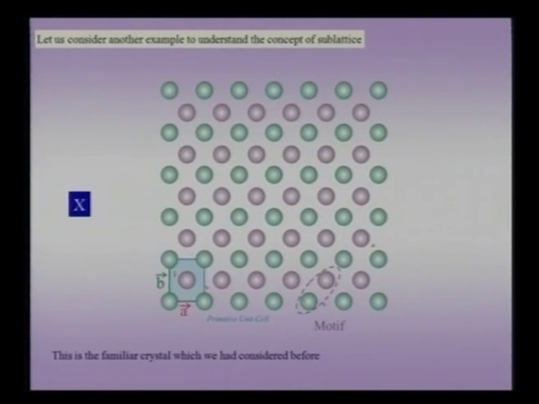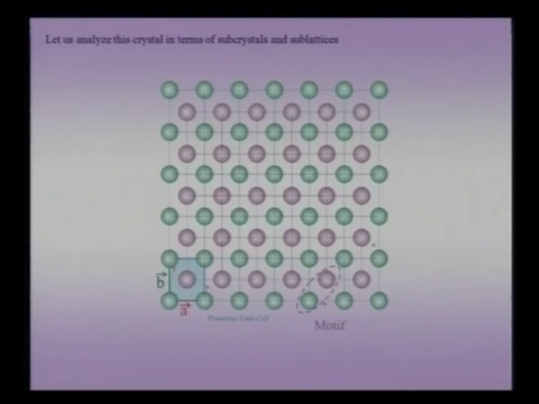So, if I call this crystal X as shown here, we have also marked on this figure the blue outline or the blue filled region, which is the unit cell of this crystal. Now, let us try to understand this crystal in terms of sub-lattices and subcrystals.